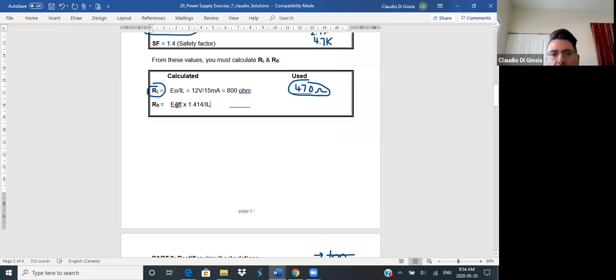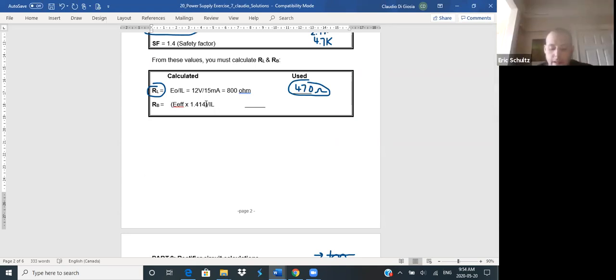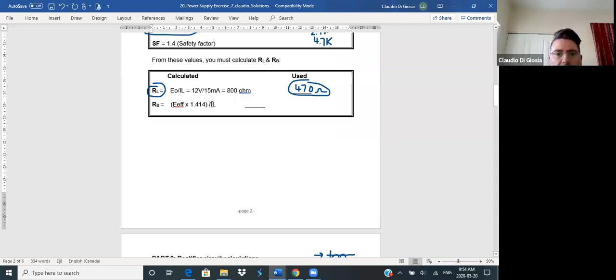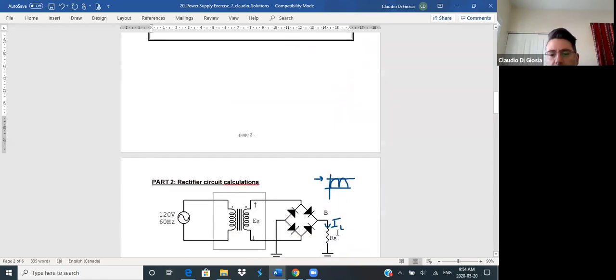All we're doing is, maybe I'll just clarify a few things. If I put this in brackets, maybe it makes a bit more sense, and I'll space it out a little bit. E effective multiplied by 1.414 will give us E peak, and then divided by IL to get the resistor value that we want right over here.